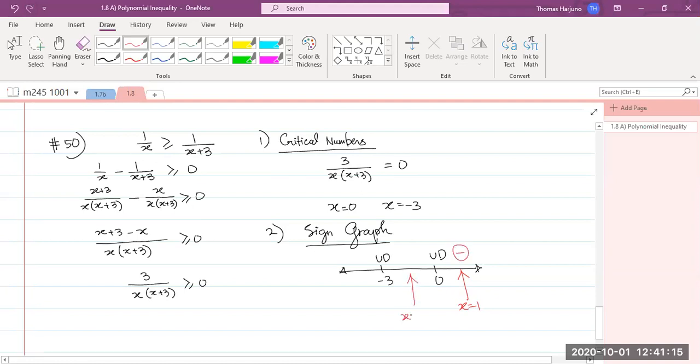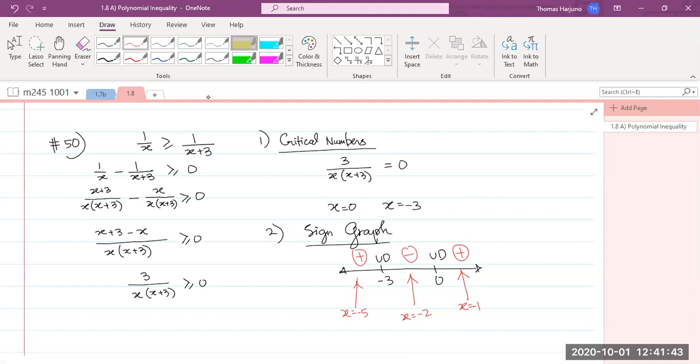When x equals -2, let's say, what will the sign be? Positive, negative, positive. This is negative, and you will see the one here. Let's say I check x equals -5. I will see this is positive.